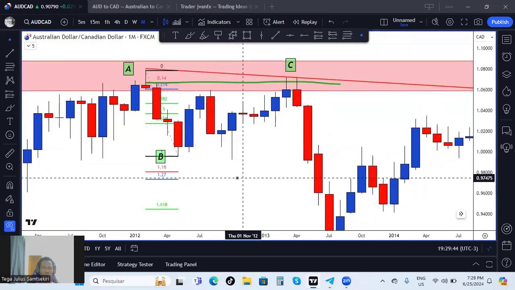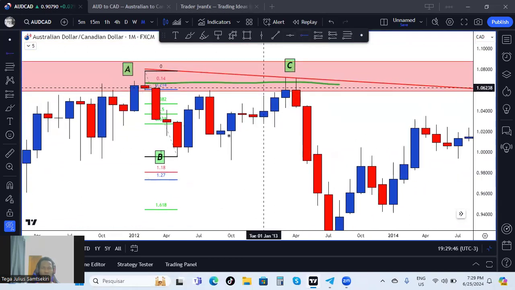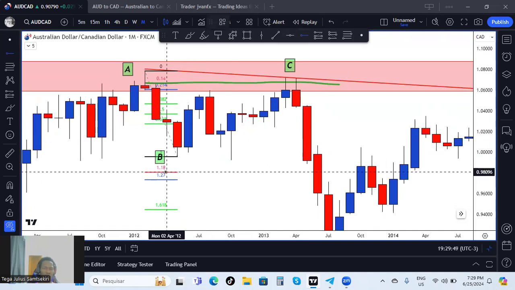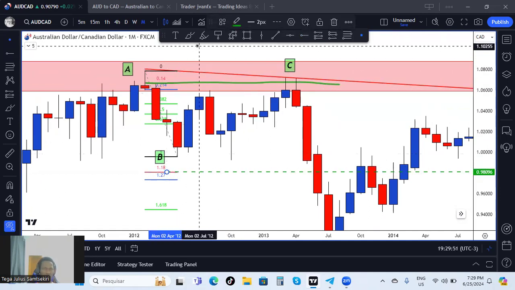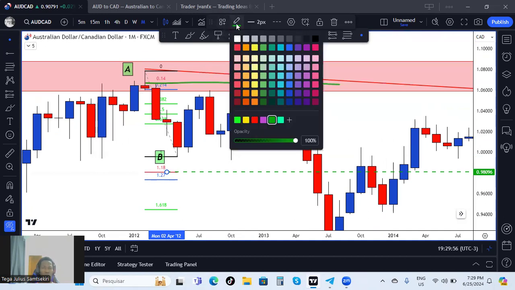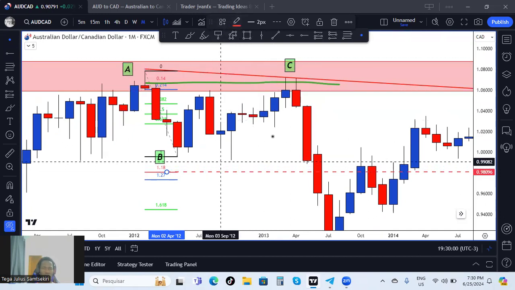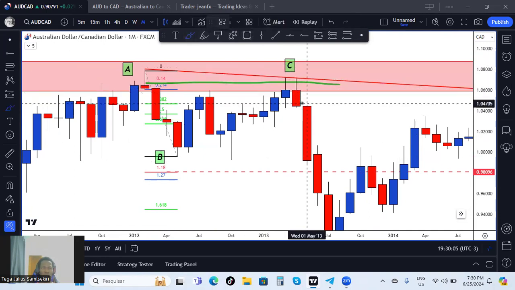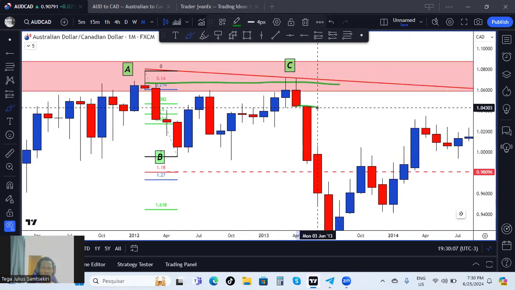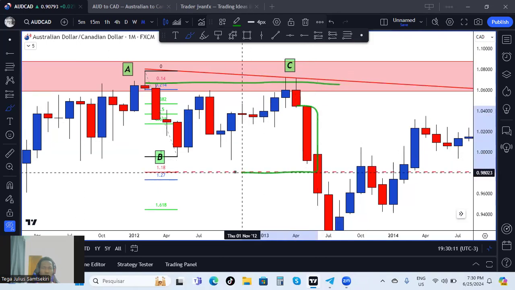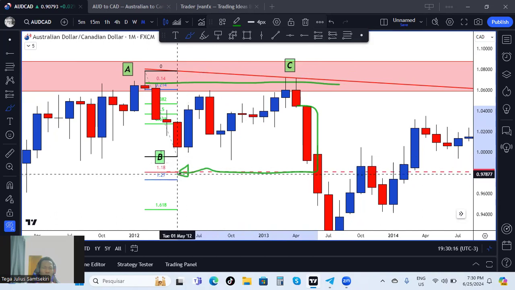This area would have been the take profit target area. So red goes to red, depending on the color you colored it. If you would have sold the market from this level back in time, the take profit target is going to be right here. Red goes to red. That is the Fibonacci rule.